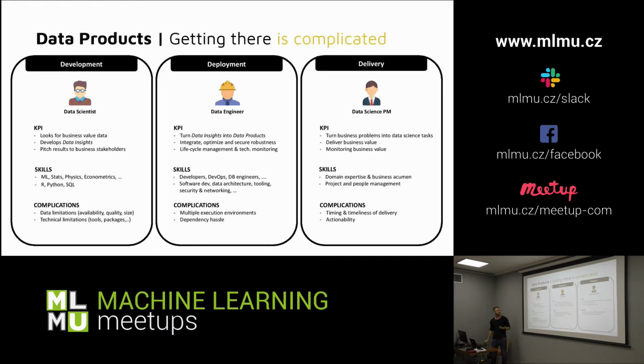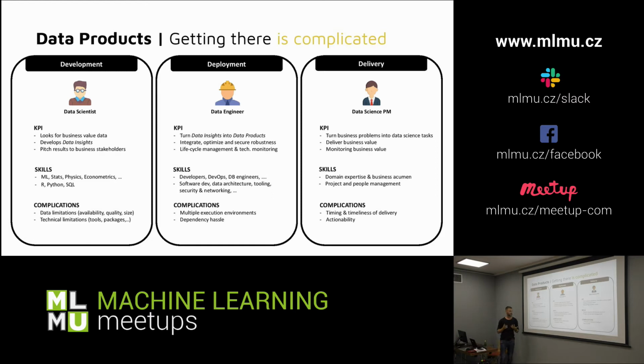Also, the challenges that you face in these 3 different stages are different. Data scientists are typically short of data or computational resources, or some packages. That's typically what is missing. You're always missing some package. Data engineers are trying to wrap their head around how to mix all the different requests for different packages and data, how to make a data infrastructure such that the data scientist can work in it, and how to manage all the dependencies.